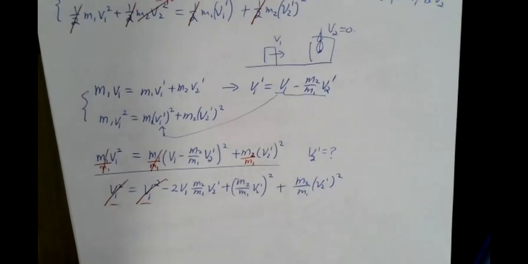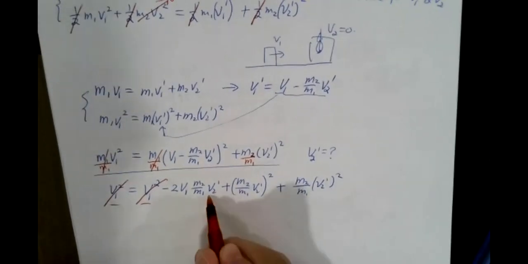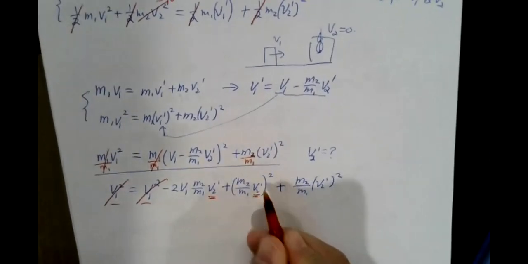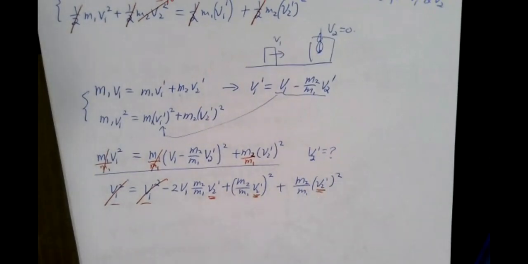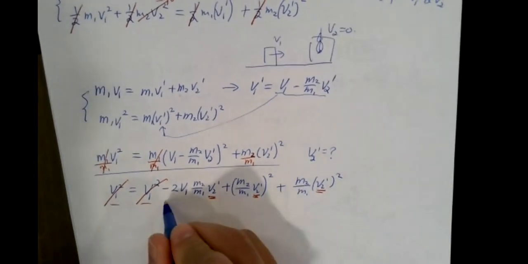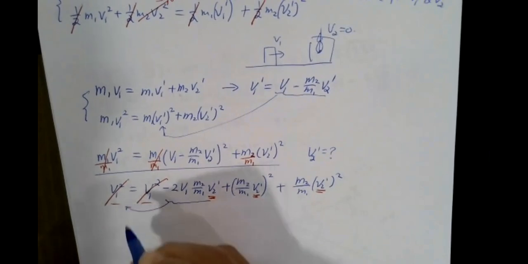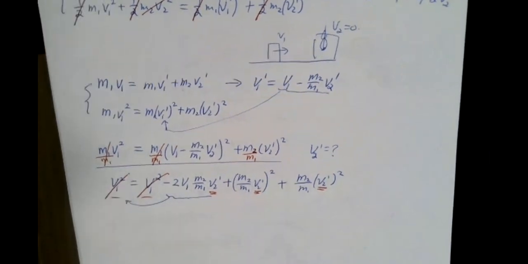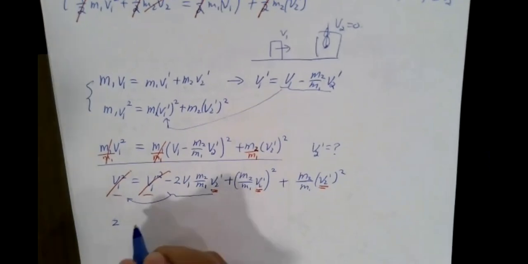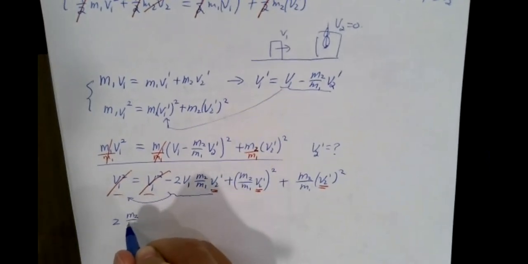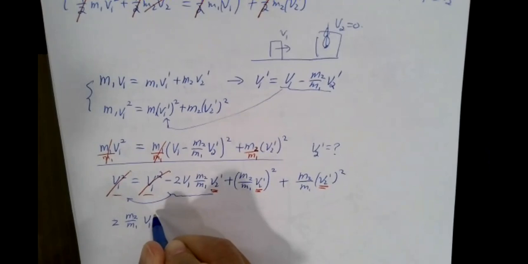Because now you have v2 prime here, you have v2 prime square here, you have v2 prime square. So you can actually cancel out one v2 prime, and then it will not be a quadratic formula, okay? All right, so I'm going to put this guy to the other side of the equation, so it becomes 2 times, I'm going to put m2 over m1 first, and then v1 times v2 prime, okay?